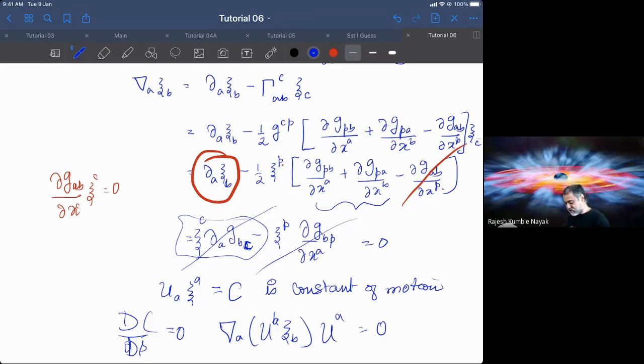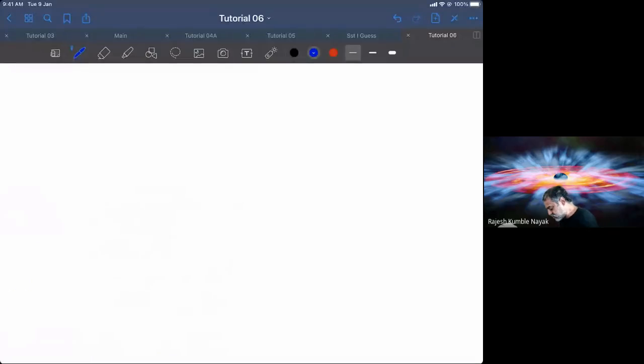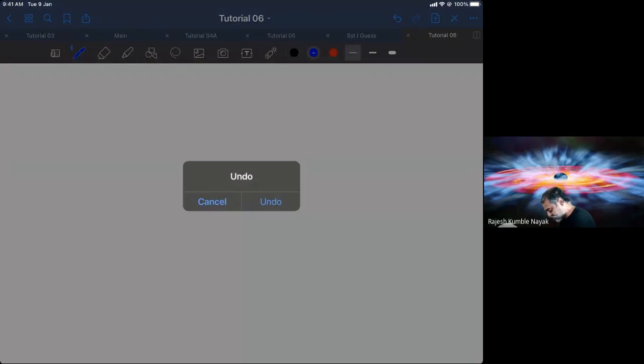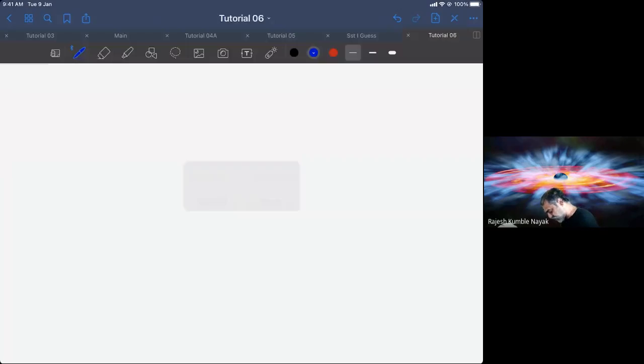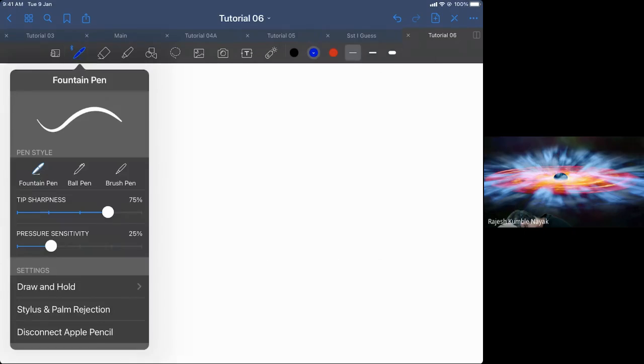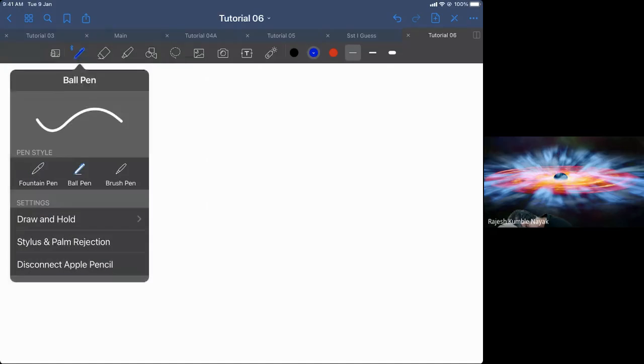Okay, if there is no question, let's go ahead. This is very easy to generalize further. This is a completely geometric concept now. So we go ahead and do what are called Killing vectors. Let us say you have a vector field xi a.